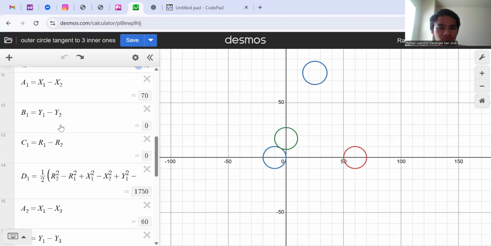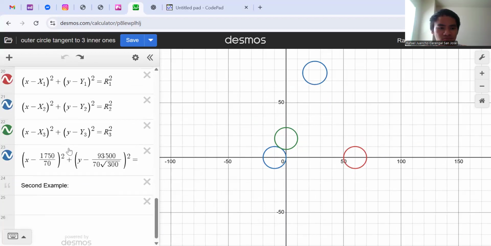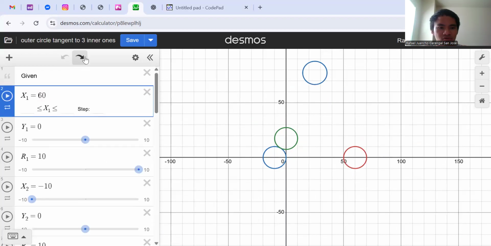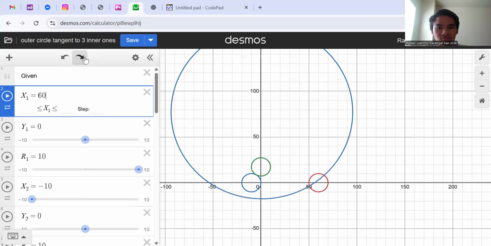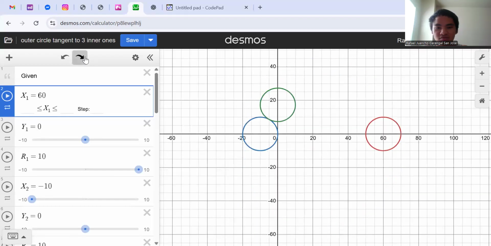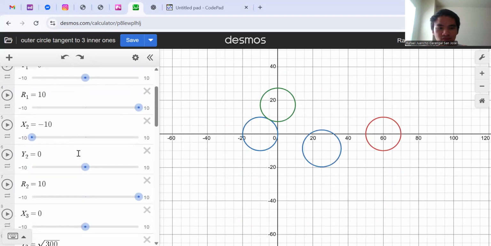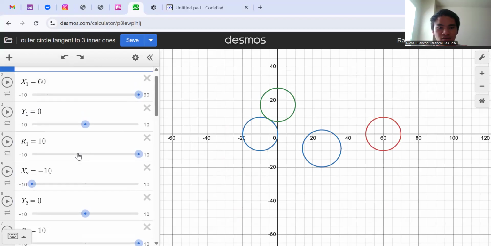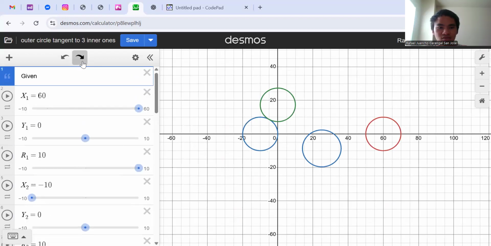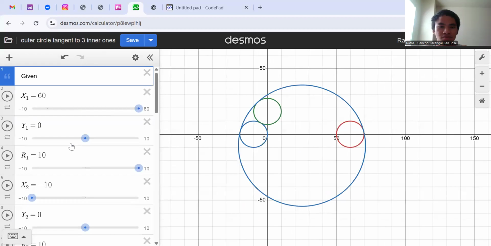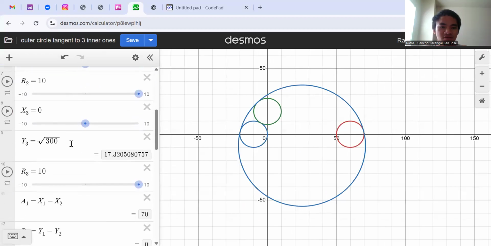Okay, I'm just gonna use the sliders for now. There we go. So that one works, right?